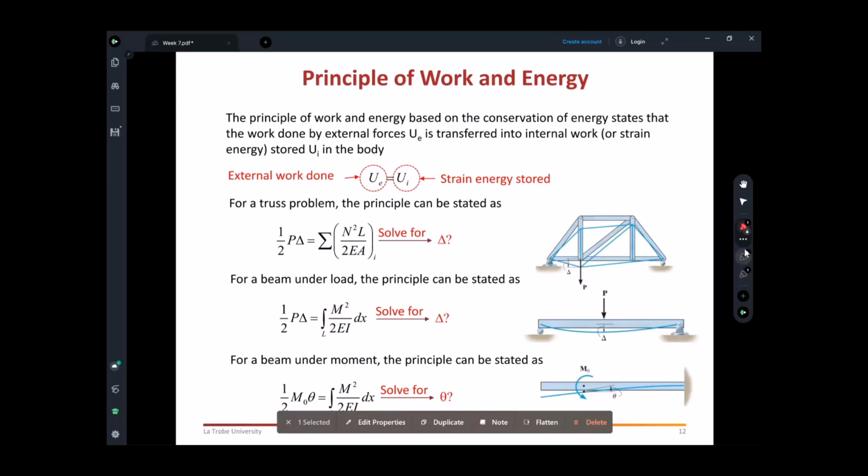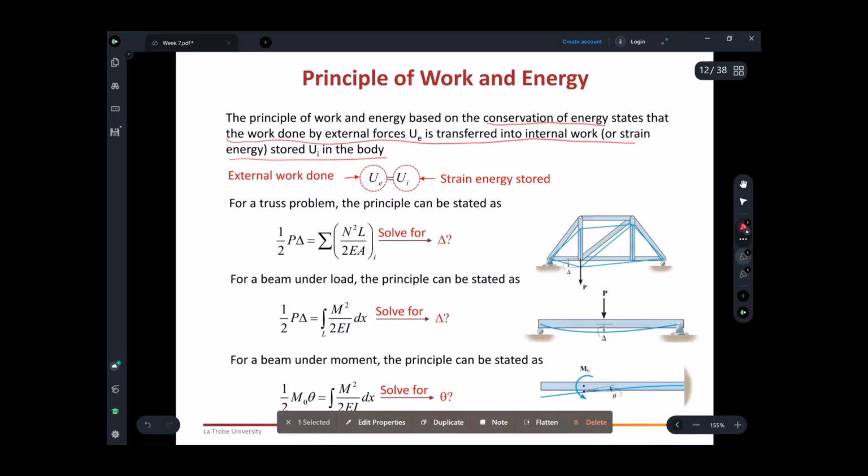Now there is a word called principle of work and energy, and that is a new word coming, conservation of energy. What is conservation of energy? It states that work done by the external force is transformed into internal work done in the body.